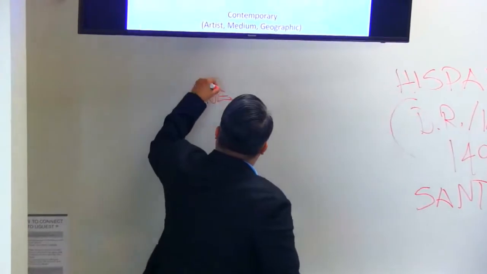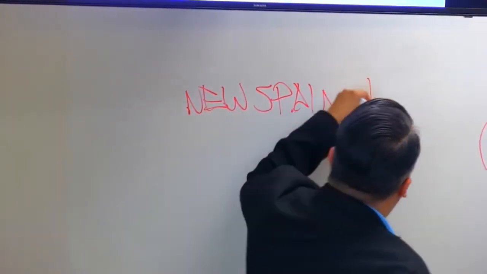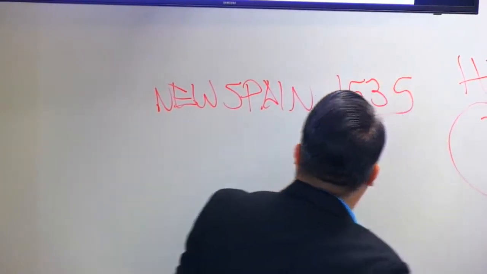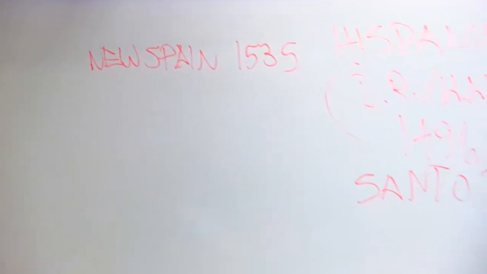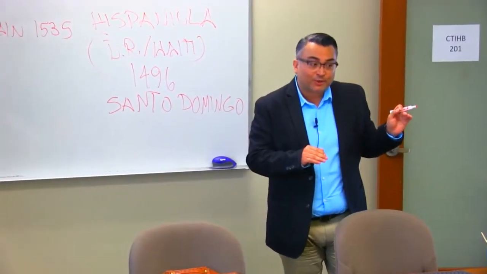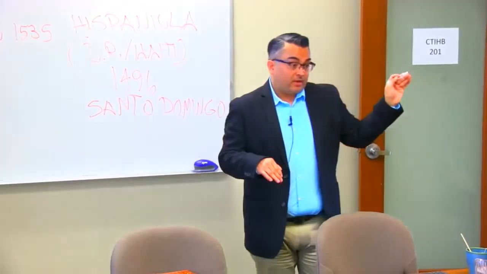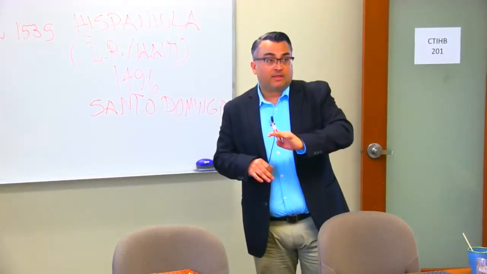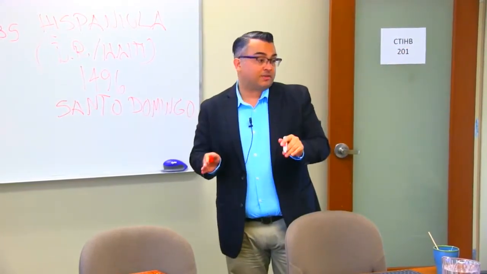So the first viceroyalty that was established was New Spain, and that was established in 1535. And I think I brought some maps. That includes not just what is today Mexico. I don't like the term colonial Mexico because contemporary Mexico is much smaller than New Spain. New Spain included the entire southwest and west of what today is the US, Mexico, and all of Central America.